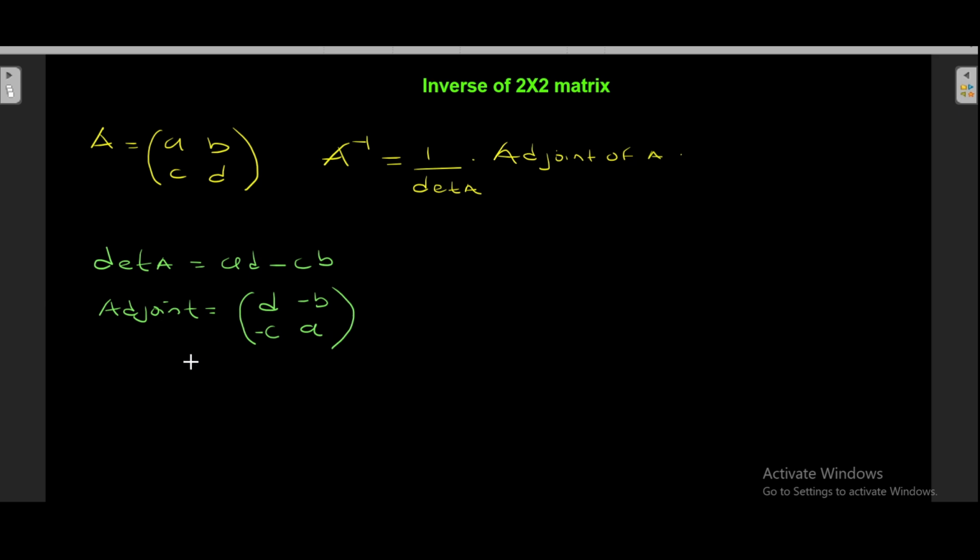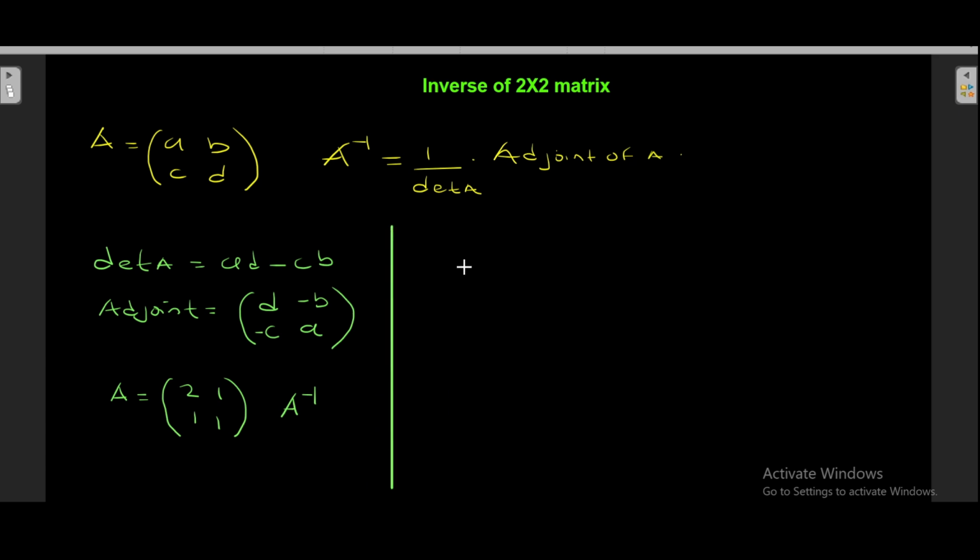If you try to put in real numbers, I'll take an example. If my matrix A is 2, 1, 1, and 1, and they want us to find the inverse of matrix A, you're going to apply the concept.